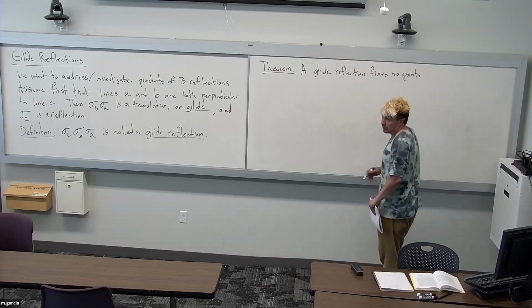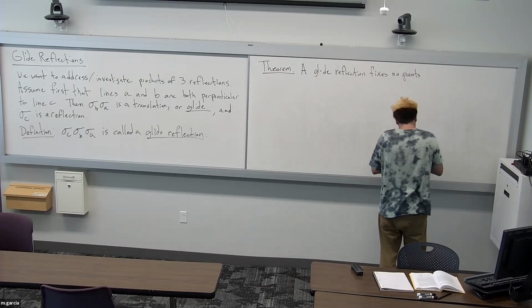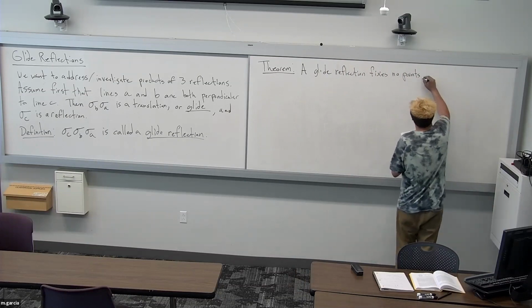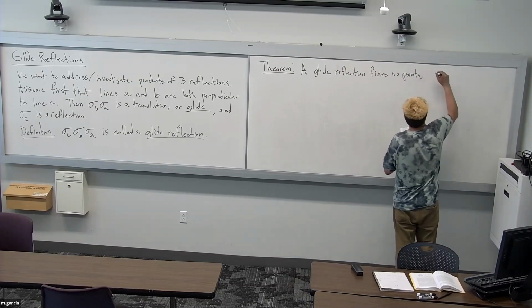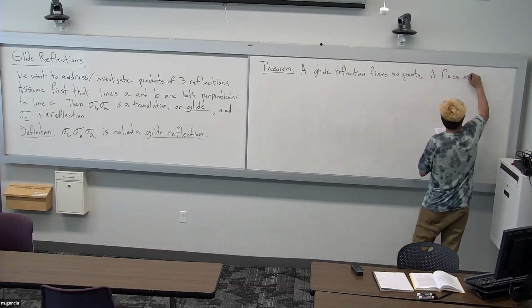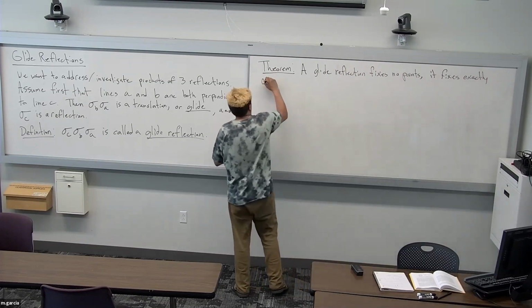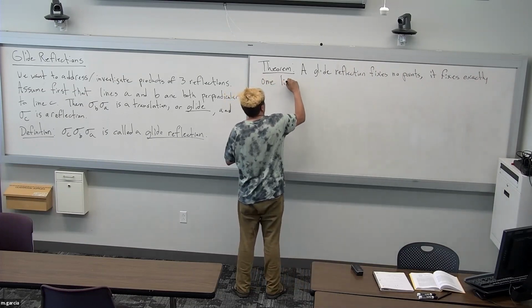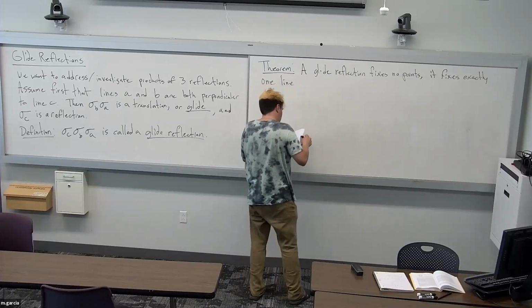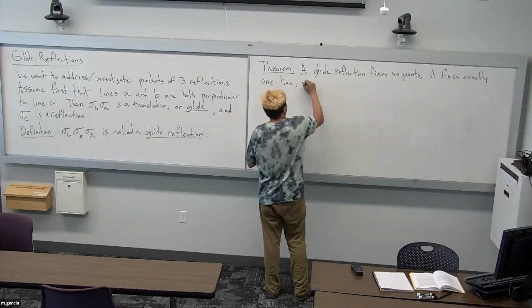That makes a ton of sense, right? A translation doesn't fix any points. So, furthermore, it fixes exactly one line. Its axis.